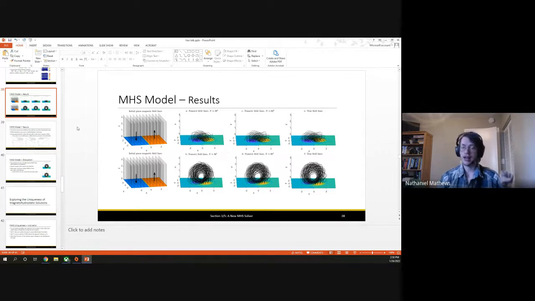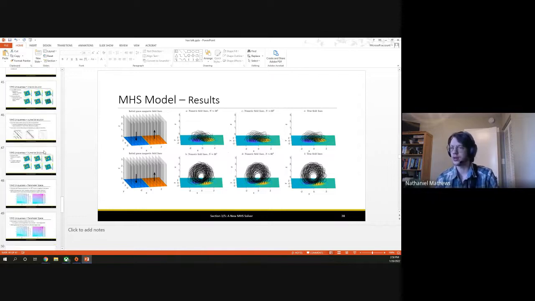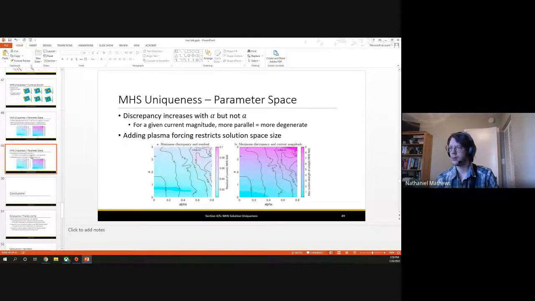Separately, having an initial guess that's good does matter, especially for the sort of force-free level of twist. So when we're looking at the MHS uniqueness part of this, right? And I noted that as we increase the twist, the current in the direction of magnetic field, the results get worse.